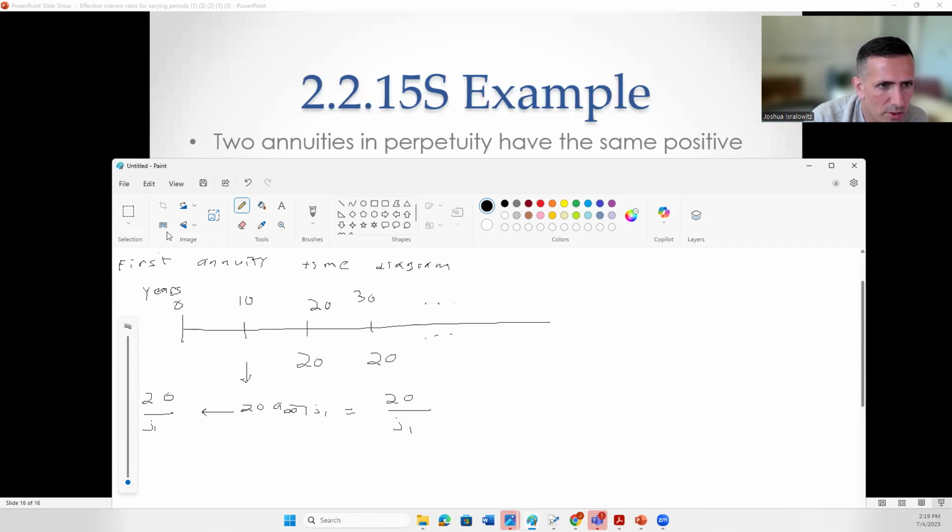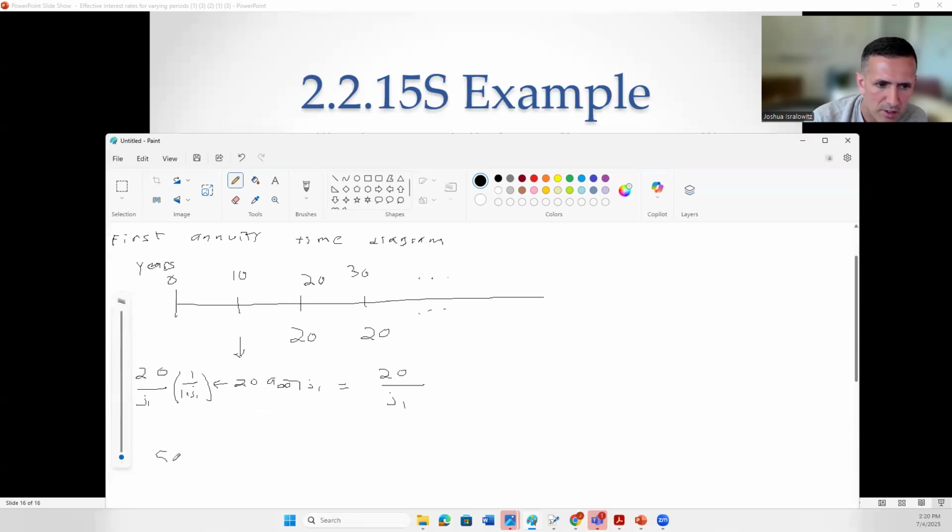Well, this here you divide by 1 plus J. So I'm discounting this. All right, and we're given the present value is 50. So we have 50 is 20 over J1, times 1 plus J1.